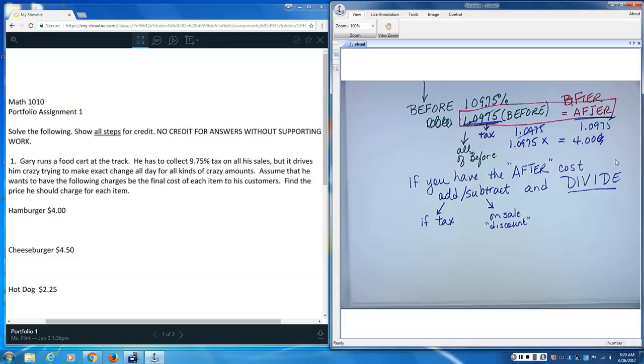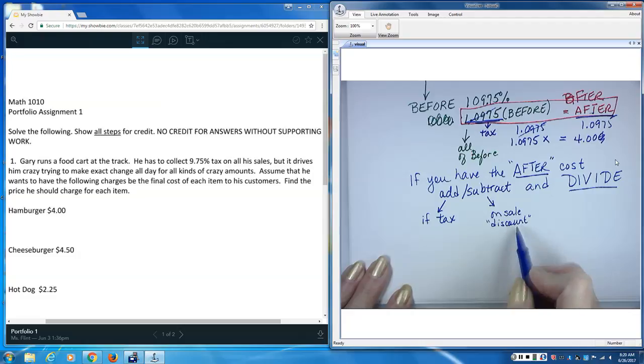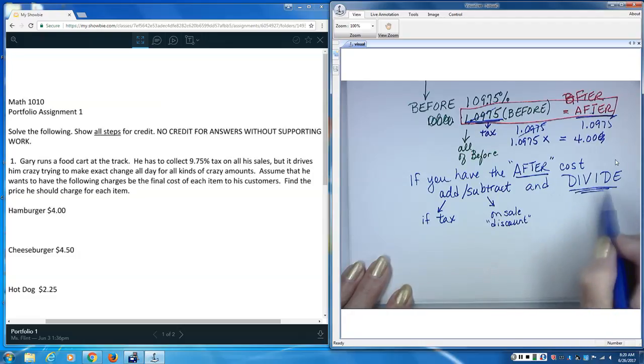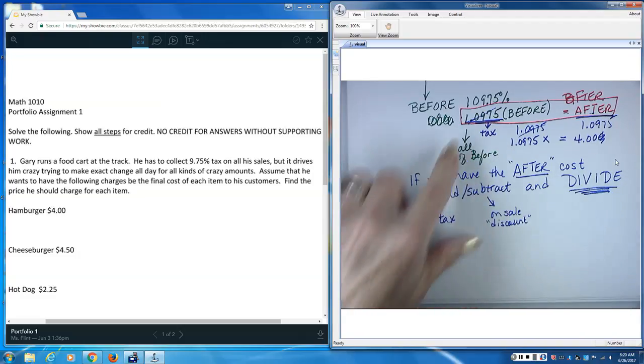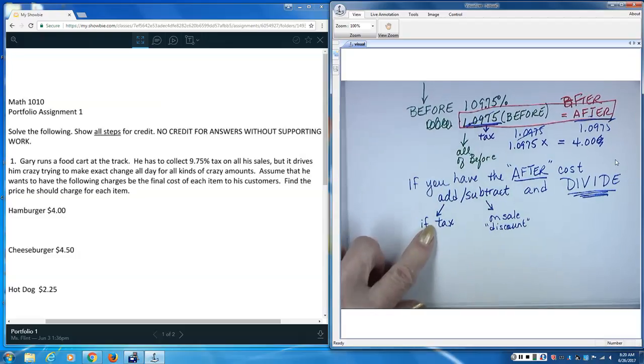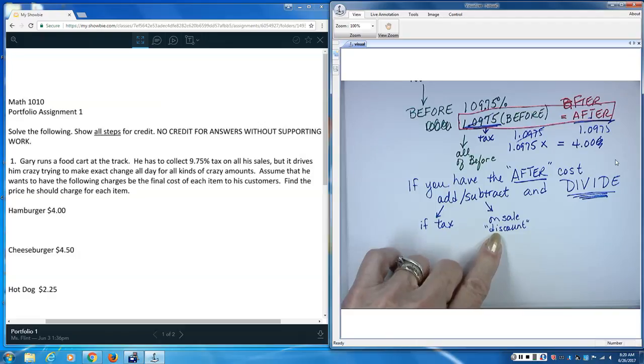What was the previous price, the original price? Then you would subtract. So if you have the after cost, after tax, after discount, you're going to divide the number you got by the percentage. Either 1 plus that percentage if it's sales tax, or 1 minus that percentage if it's something on sale or a discount. Okay?